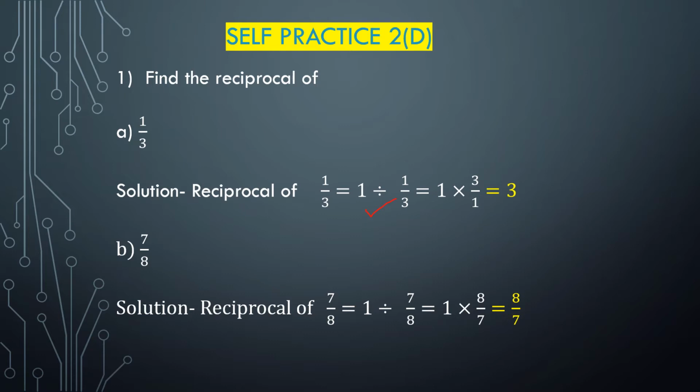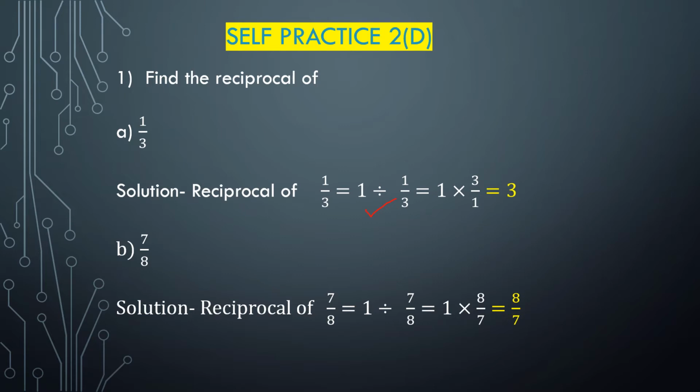So here the reciprocal of 1 divided by 3 is 1 divided by 1 divided by 3. We have to change this division symbol to a multiplication symbol. Then we have to find the reciprocal of the fraction 1 divided by 3, so 1 multiplied with the reciprocal of 1 divided by 3.